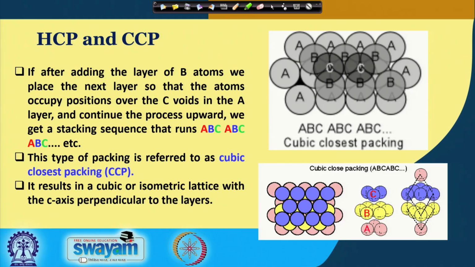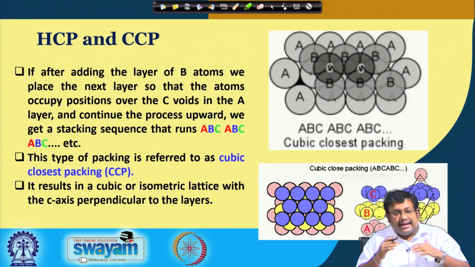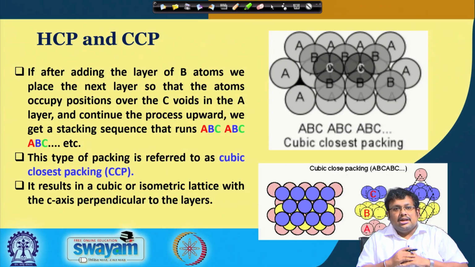And what is the cubic closest packing? Now cubic closest packing, when we start with the A layer of atoms and then we stack B layers of atoms just above the B voids, and there is further another layer of atoms which is stacked over the C voids of the A layer, then there is a repeating layer structure like ABC, etc. So this layering structure is known as the cubic closest packing.